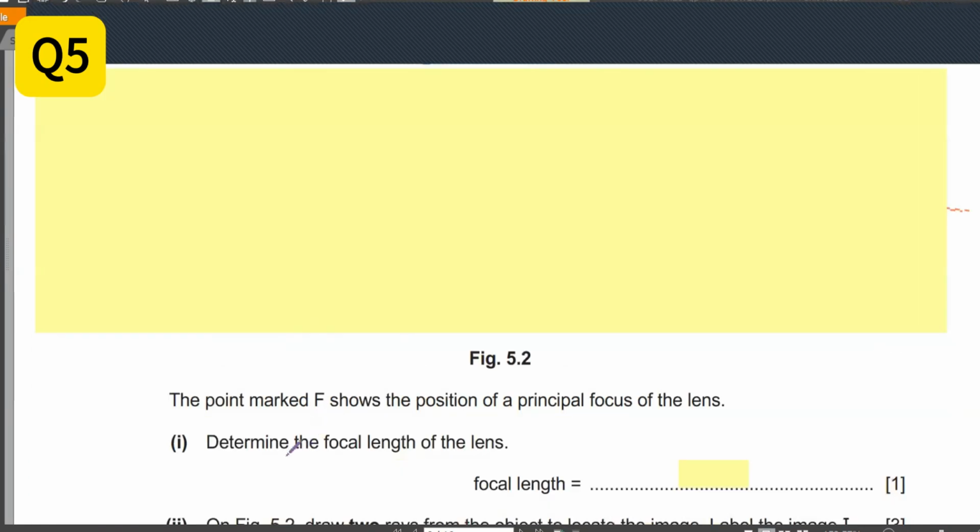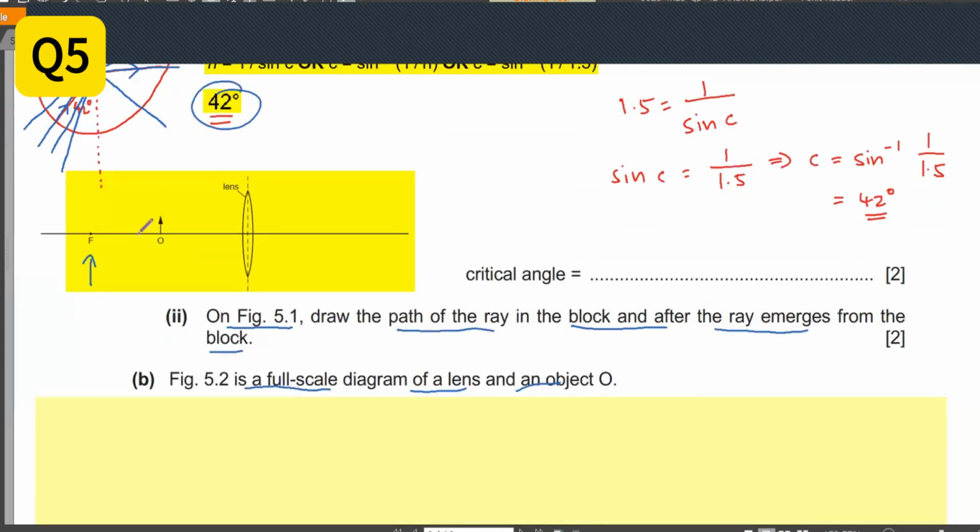Determine the focal length of the lens. Focal length means the distance between the principal focus and the middle of the lens. Take a ruler and measure it. You expect to get 7.2 cm.